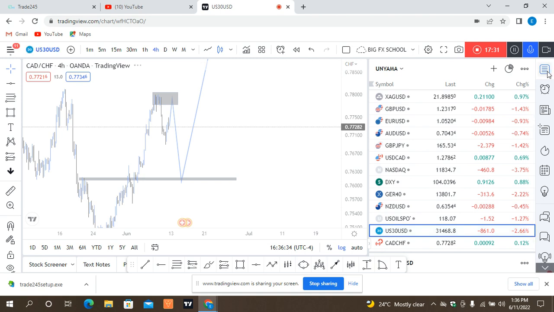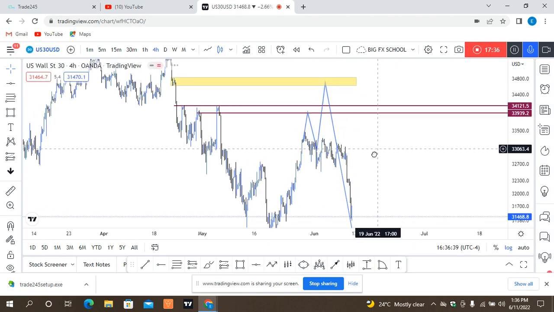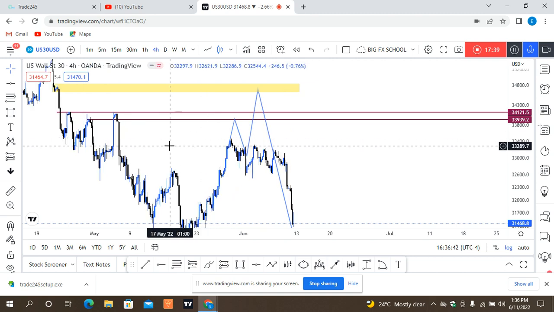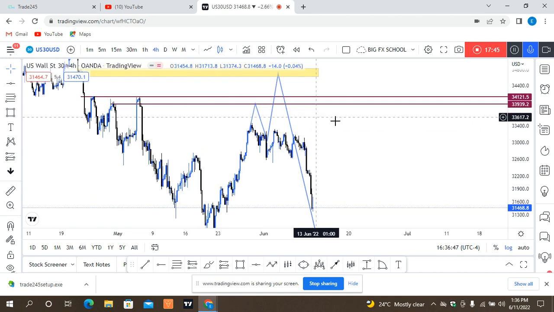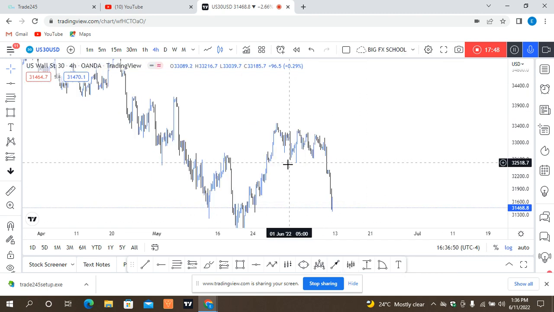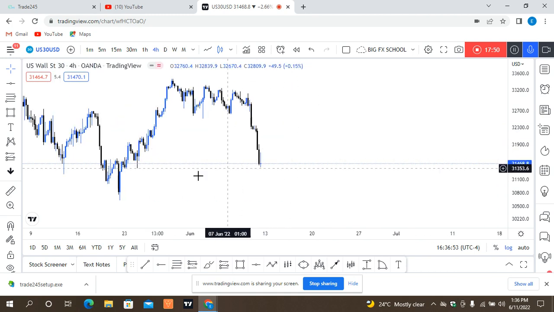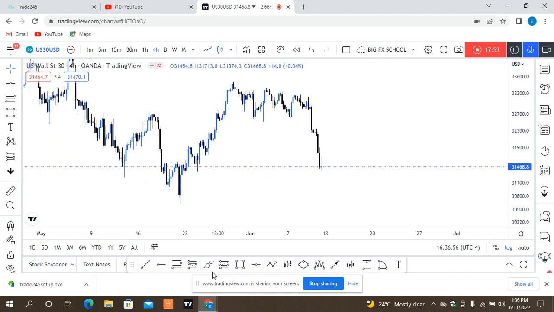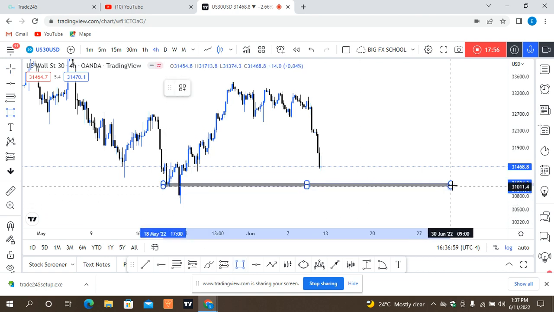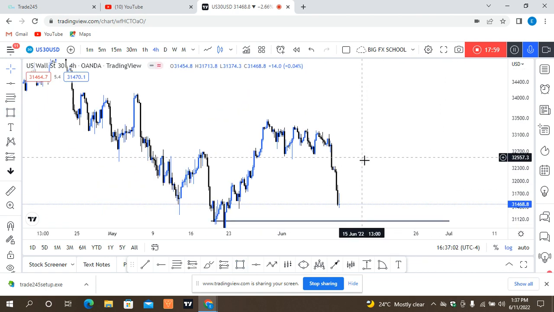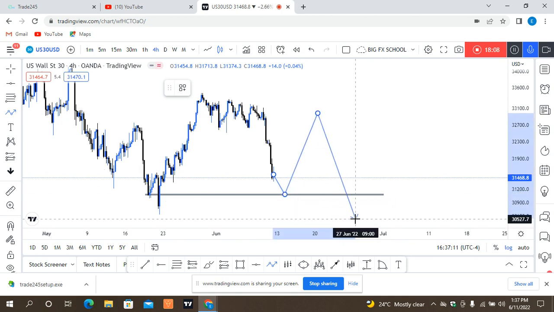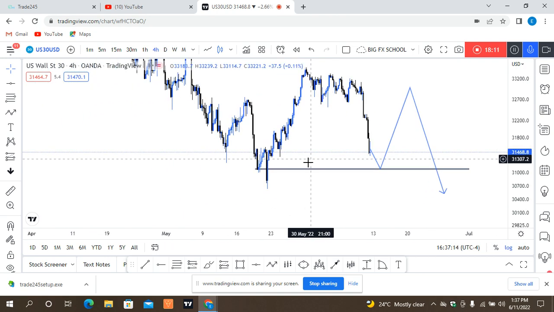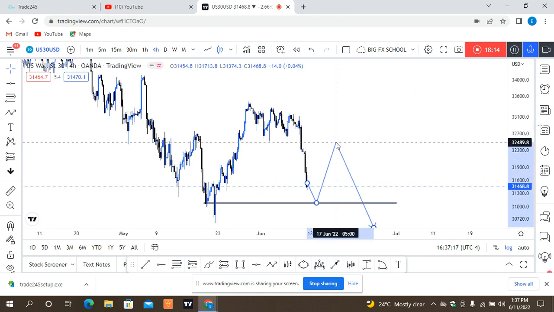Then US30, US30, it moved like Nasdaq. So we were anticipating this, but the market didn't go there. Okay. So what we expect here, we expect the market to come to this Quasimodo here before going up, which is a short term, and then come to take this top because the market is trending in the down move.